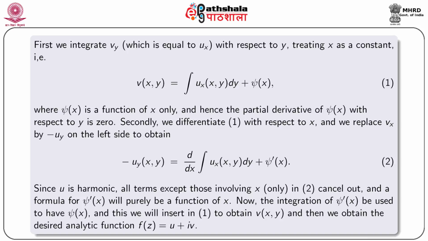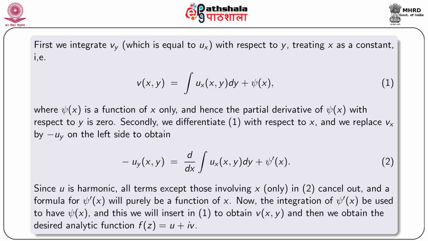That is, we obtain v(x,y) = ∫ u_x(x,y) dy + ψ(x), where ψ(x) is a function of x only, and hence the partial derivative of ψ(x) with respect to y is obviously 0.